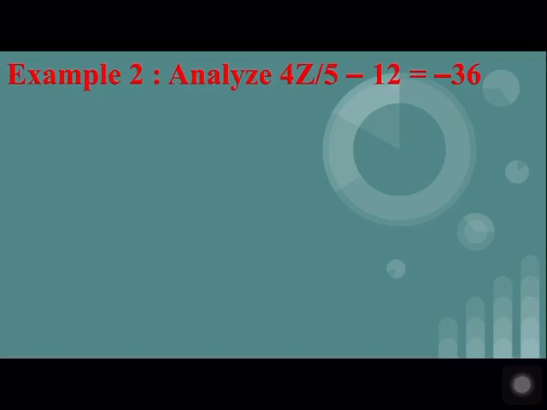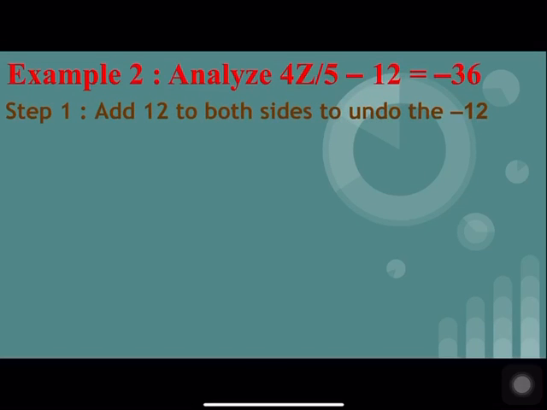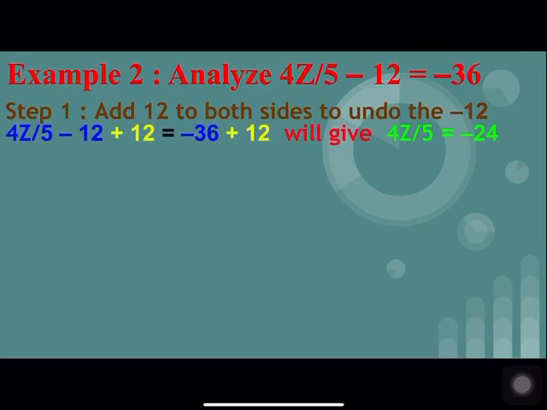Analyze 4z over 5 minus 12 is equal to negative 36. The first step here is to add 12 to both sides to undo the minus 12. So adding 12 to 4z over 5 minus 12 will give us 4z over 5 because minus 12 plus 12 will give us 0.